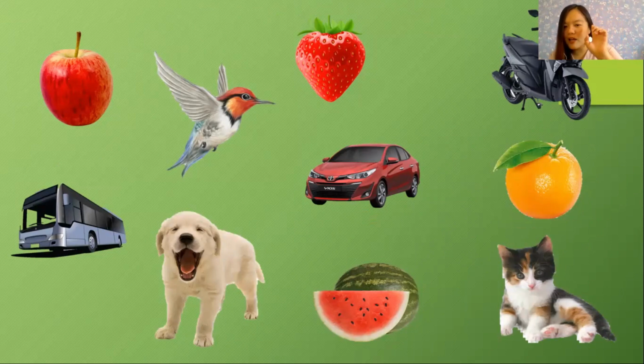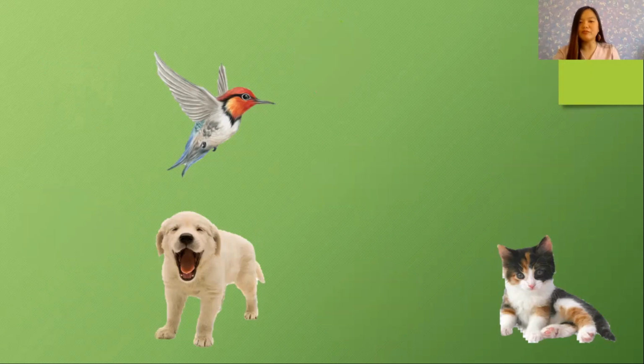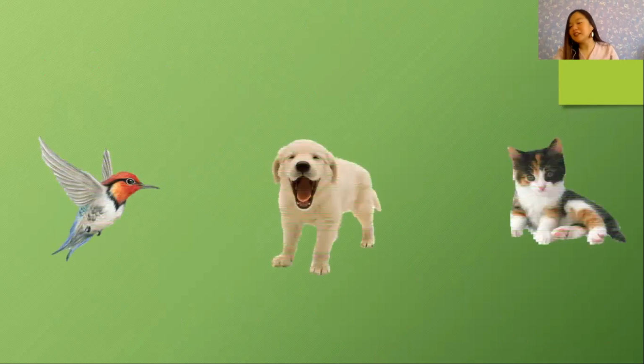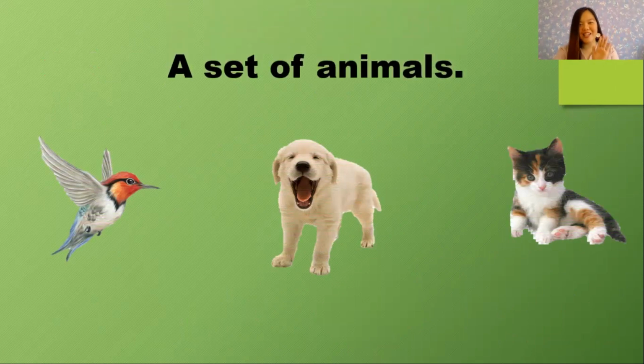Strawberry, X. Orange, watermelon, X. Ano pang pwedeng i-group? What else can be considered as a set? We have bird, dog, and cat. And what do you call that set? The set of animals. Correct.